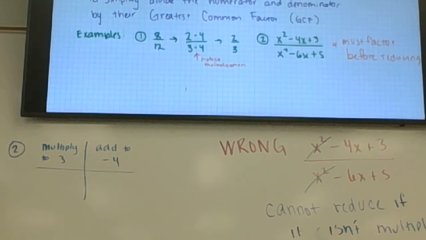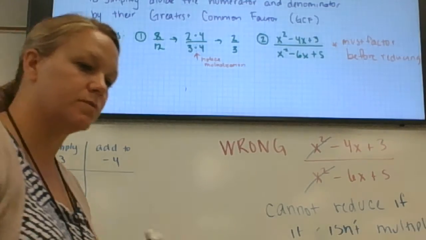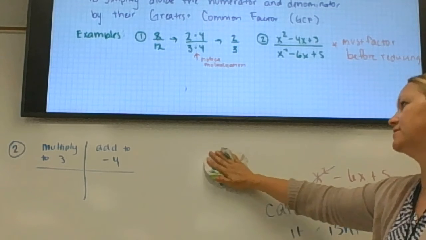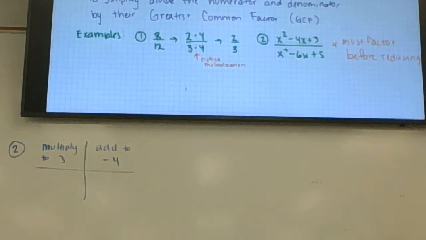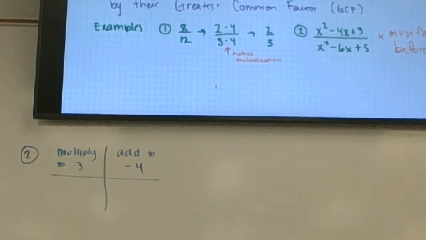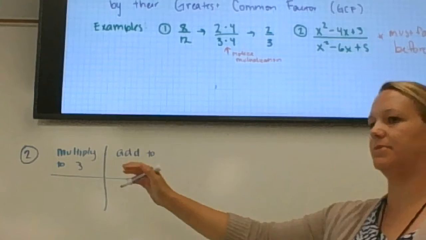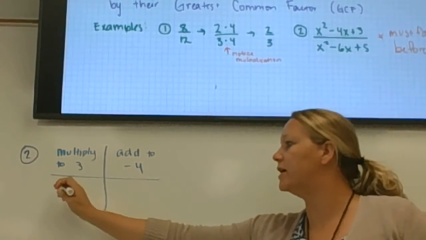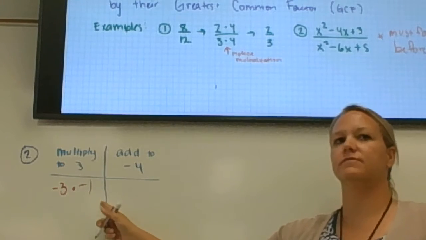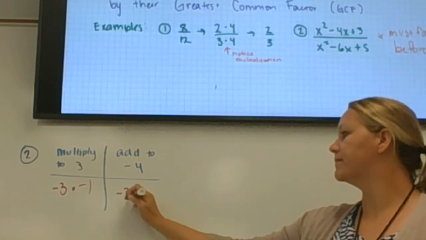So this whole chapter is really contingent on factoring. If you never got factoring, this is kind of your last chance to figure it out. You won't pass the test if you cannot factor. This is probably the most important test for factoring. So what multiplies to positive 3 and adds to negative 4 would be negative 3 times negative 1.